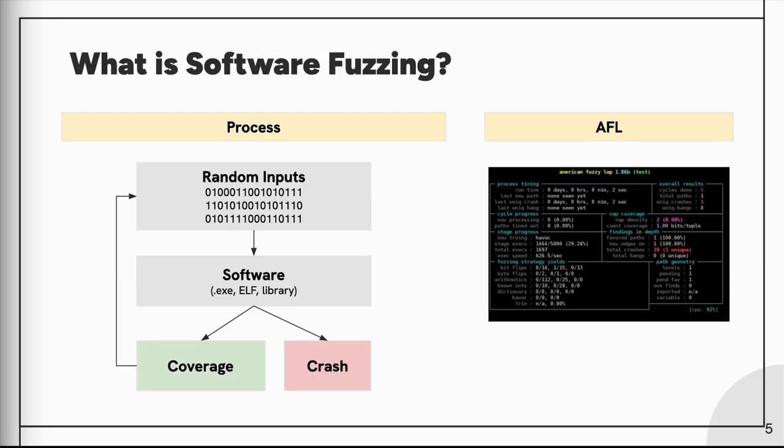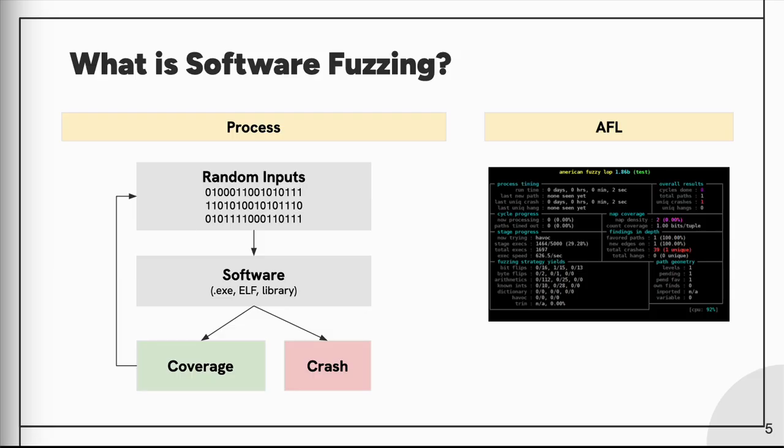Software fuzzing is a testing technique to find bugs and vulnerabilities in programs. In a general sense, fuzzing works by taking an initial group of inputs, called the seeds, to mutate and to find new, interesting inputs. There are three main approaches to fuzzing: white box, gray box, and black box. Black box fuzzing has no understanding of the underlying source code.